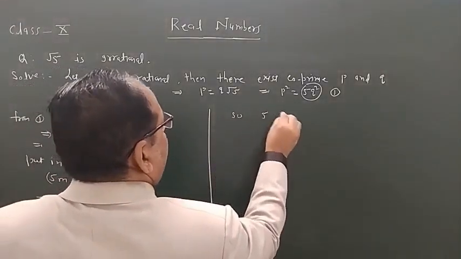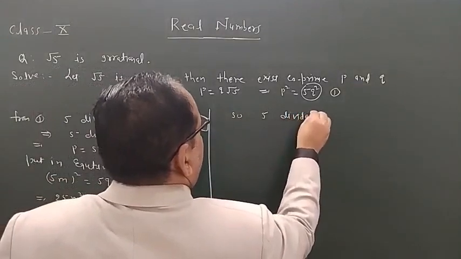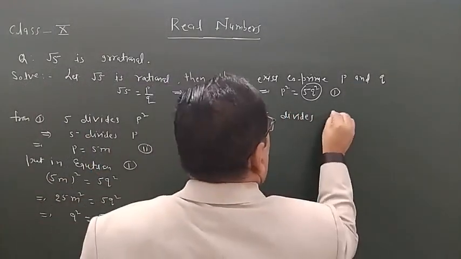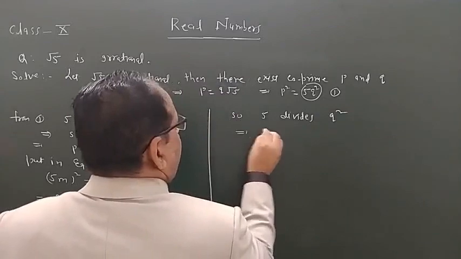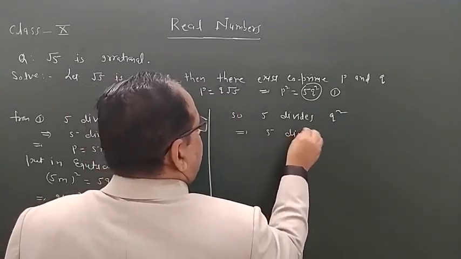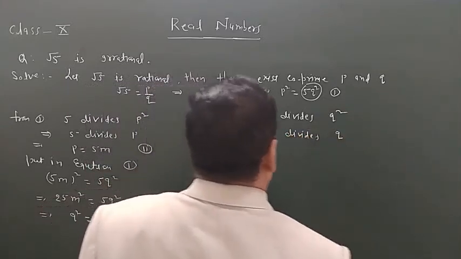So 5 divides q square, that means 5 divides q.